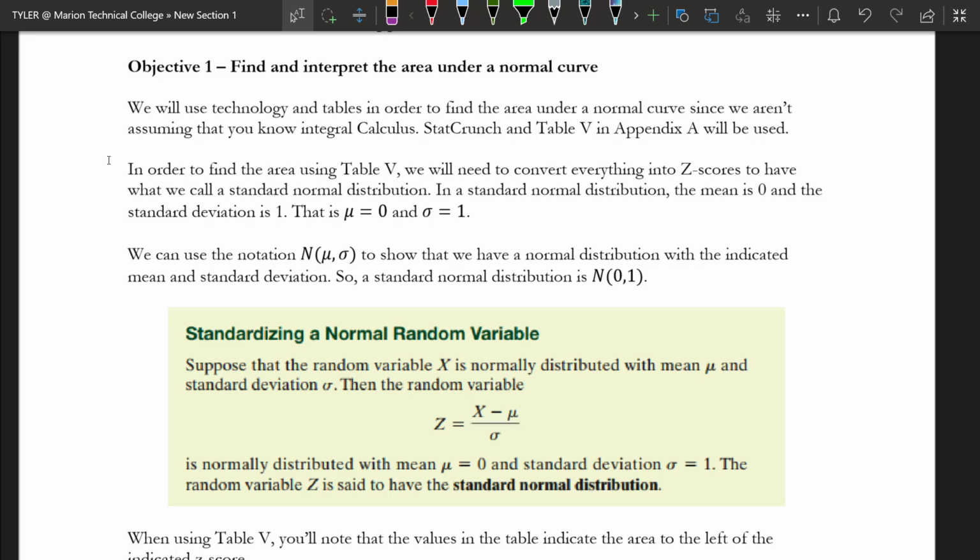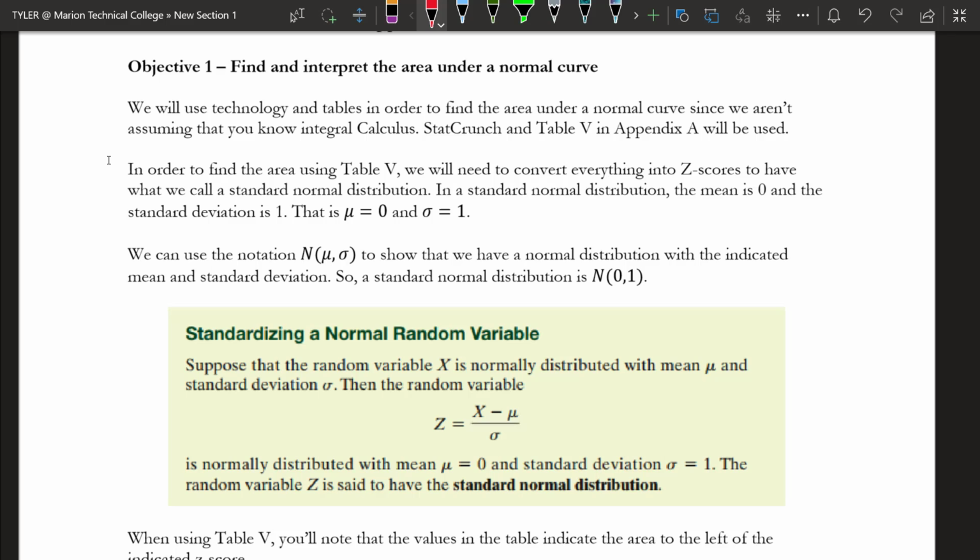Rather than having a bunch of different tables with different means and standard deviations, which is really hard to do, we can put everything into the standard score, the z-score, like we've looked at before. Remember, with a standard normal distribution, or z-scores, the mean is 0 and the standard deviation is 1.